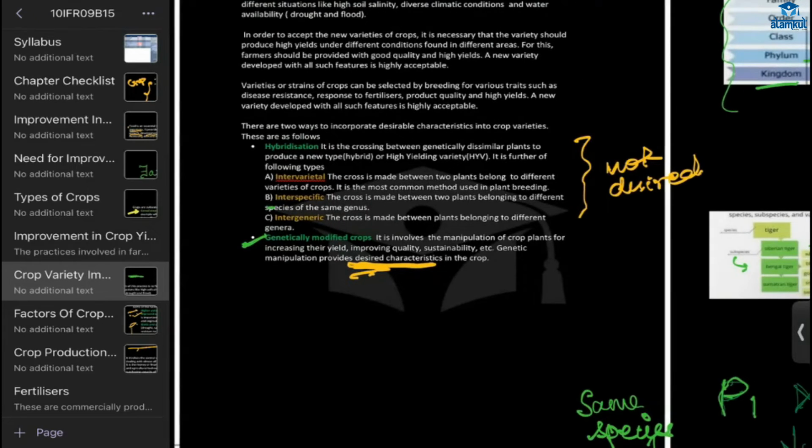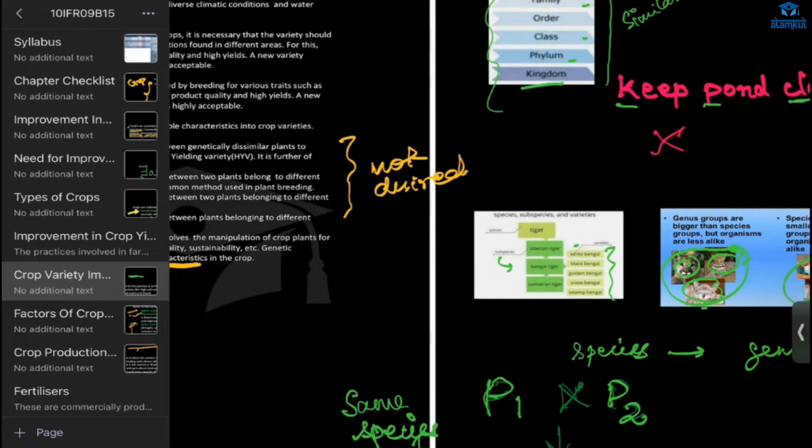Intervarietal is the cross between... what do I mean by cross, Razi? Ma'am, in biology they say cross.